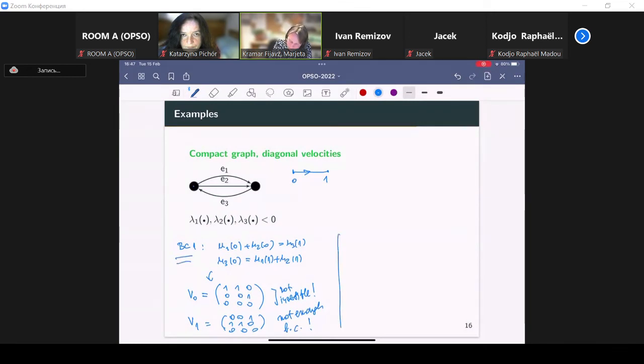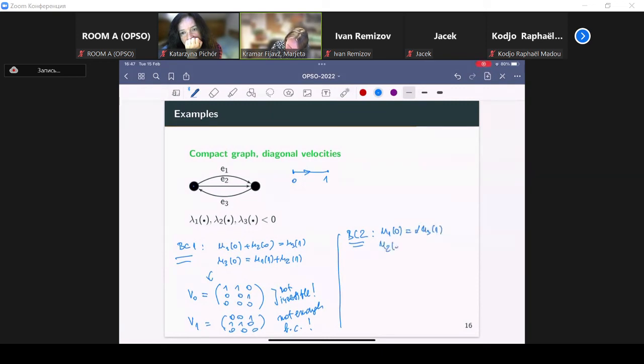So we need to change this. This is the classical mistake that everybody makes at the beginning. We think we have two vertices, so we need two conditions, but it is not the case. We need three conditions because we have three edges. And the conditions would be, for example, U1 in 0 is one part, alpha, of U3 in 1.